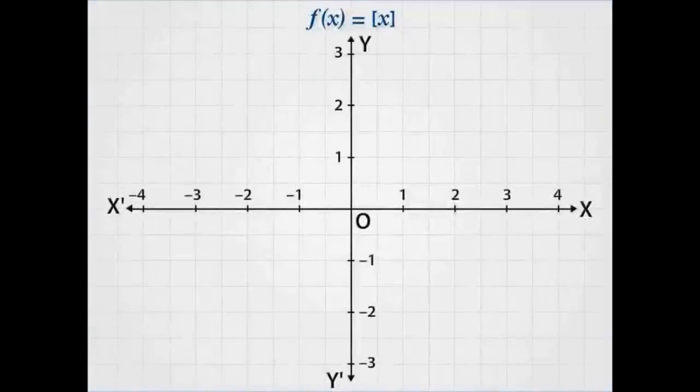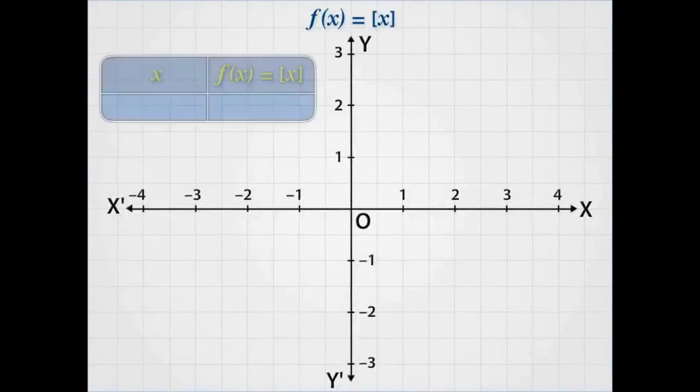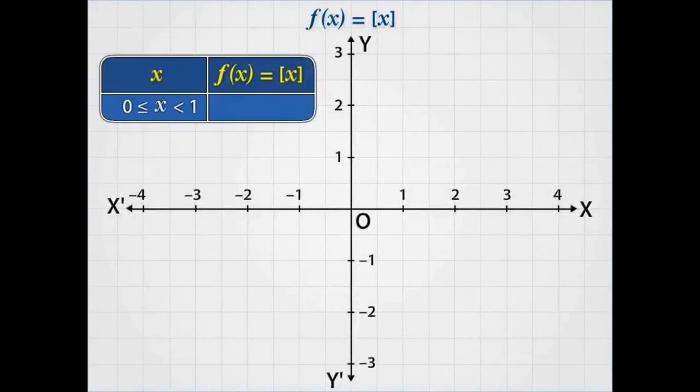Now let's plot the graph of the greatest integer function. For x greater than or equal to 0 and less than 1, the output of the function is 0. This small circle indicates that x equal to 1 is not included. For x greater than or equal to 1 and less than 2, the output of the function is 1.